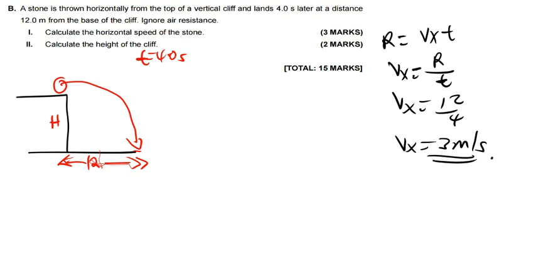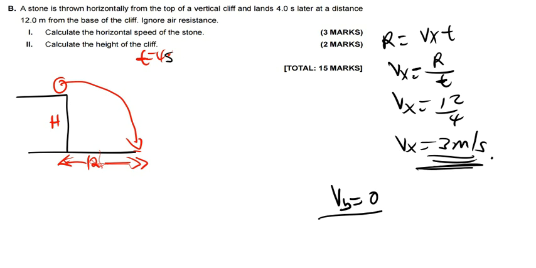Then part 2, calculate the height of the cliff. I told you for case 1, when you throw an object from here, the object is going to have the horizontal speed, which in this case is 3 meters per second. But the vertical speed is 0. The initial vertical speed is 0. The velocity in y direction is 0, and I'm trying to find the h over 4 seconds.